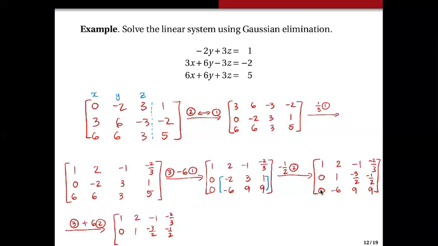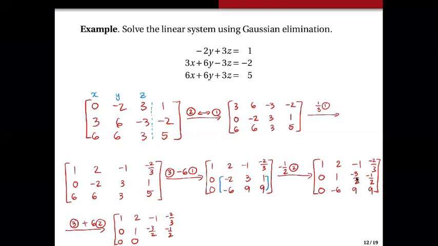So we have 0 plus 0, this is 0, negative 6 plus 6 times 1. So negative 6 plus 6, that is 0. Then 9 plus 6 times 3 halves. So 6 times 3 halves, that's 9.